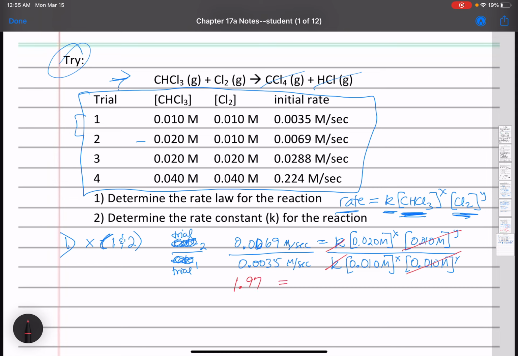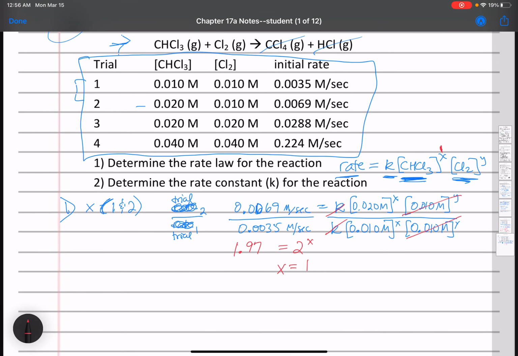And 0.20 divided by 0.020 is 2 to the x power. So 2 to what power equals 2? Our x variable equals 1. 2 to the 1 power equals 2. All right, so this is going to be first order with respect to CHCl3.